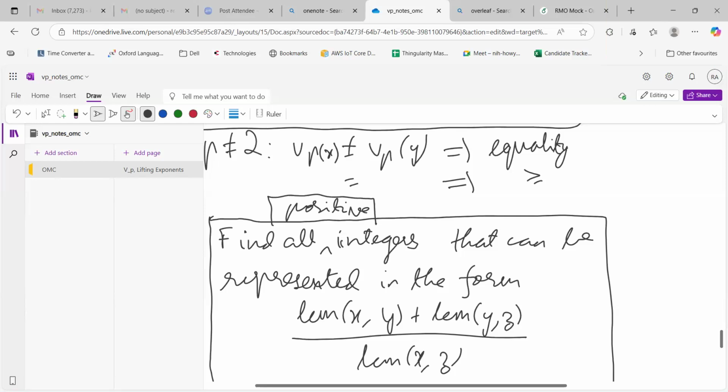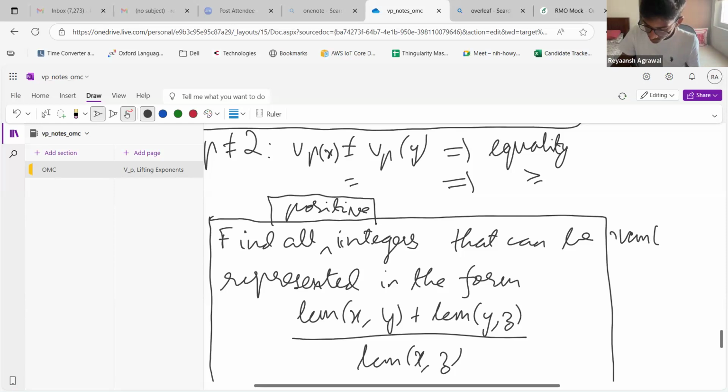You get an integer. Yes, but what kind of integer? Okay, wait, I'll just write it down. You get 2 LCM of y comma z over LCM of z comma z, which is just z.